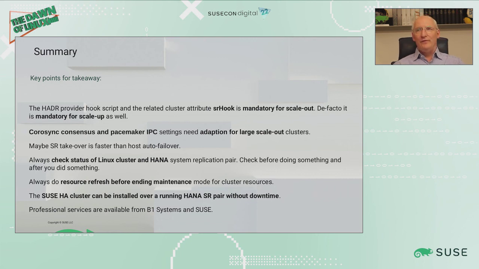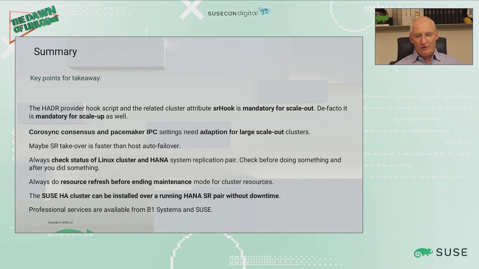Coming back to the 3 topics we have discussed today, the HA/DR provider hook script for writing the srHook attribute is more or less mandatory in all cases and might become formally mandatory in the future.